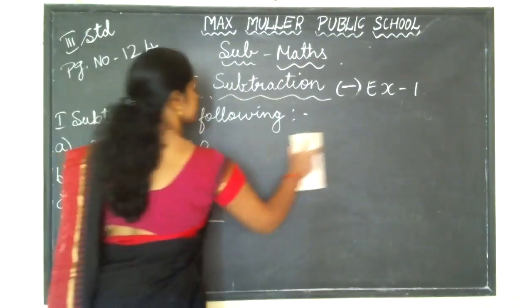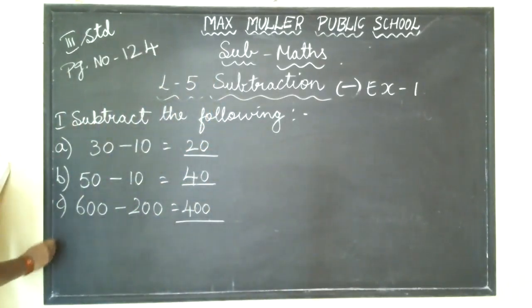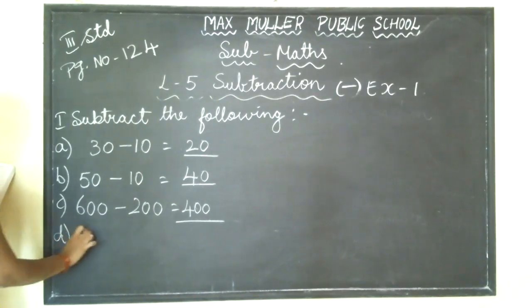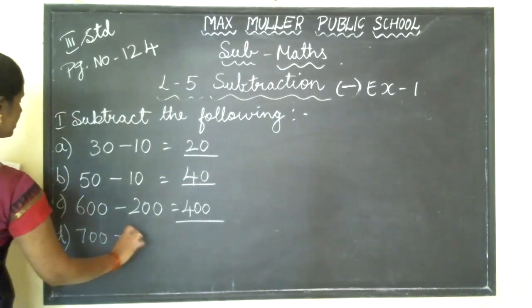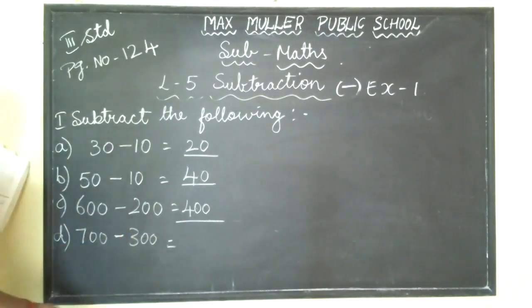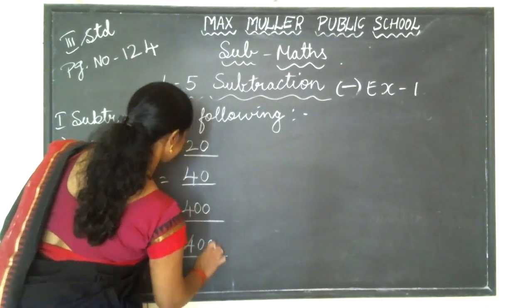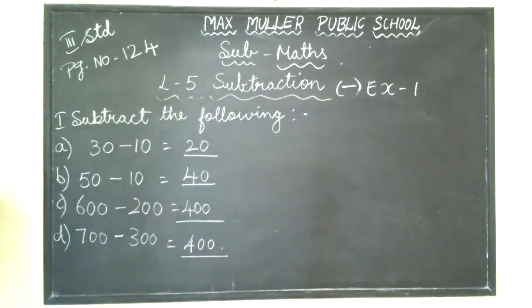Next, D1, 700 minus 300. How much? 400. Copy down fast.